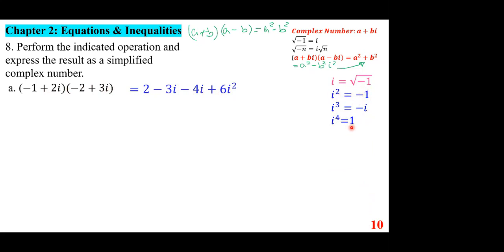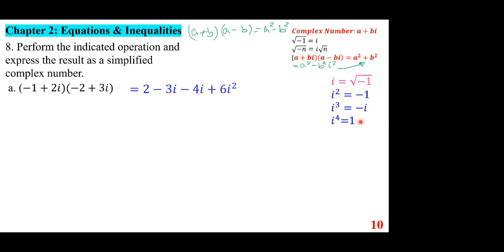Pay attention to this. We will discuss this concept and how we can simplify things. Powers of i all have to be simplified as follows. Either they become i, or they become i squared and you change it to -1, or they become i cubed and you change them to -i, or they become i to the power of 4 and you change them to 1 accordingly.